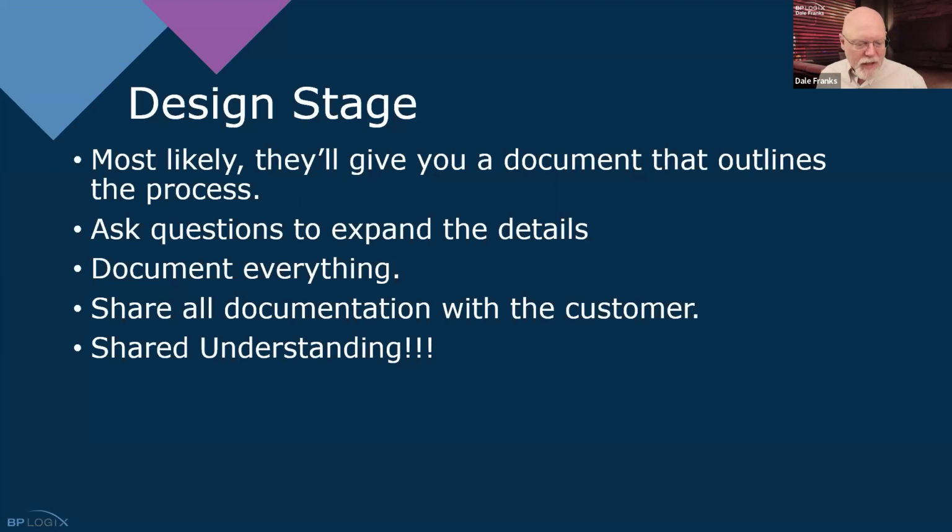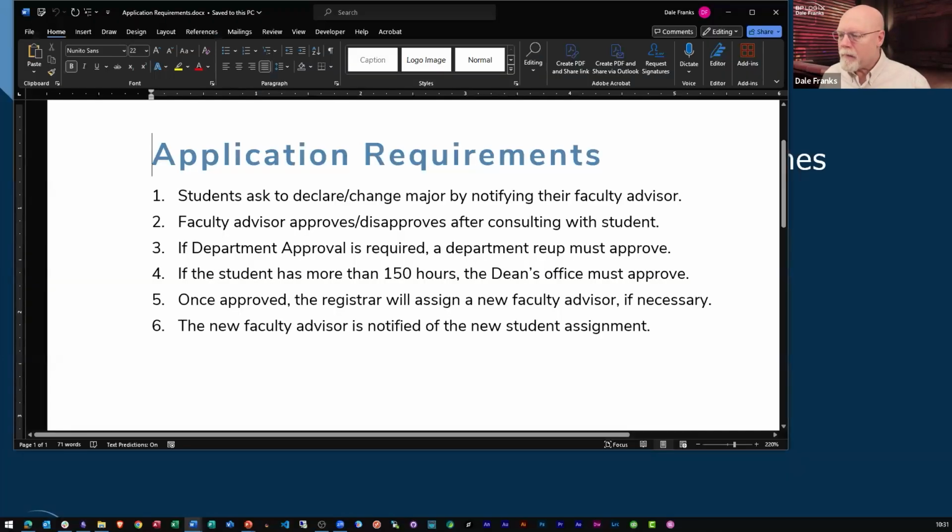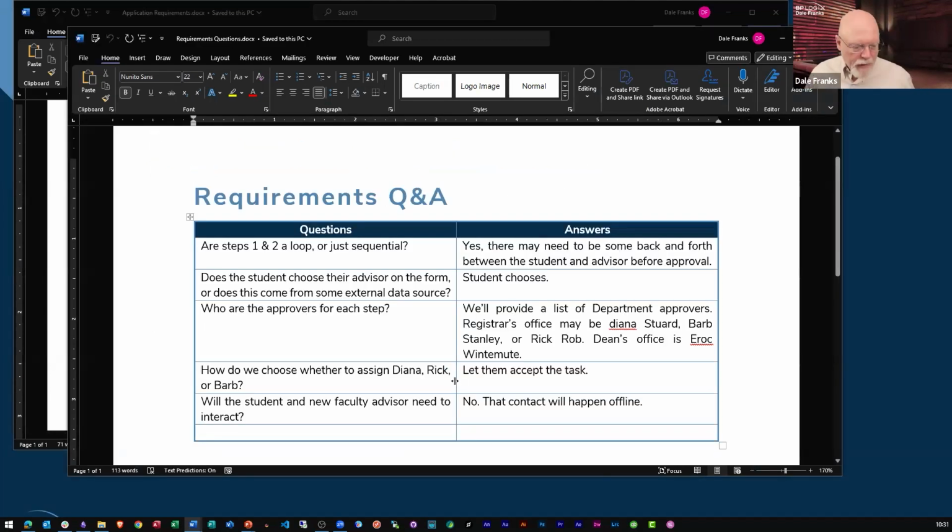So just to give you an example, if we look at the requirements themselves, look at step one. Students asked to declare or change their major by notifying their faculty advisor. Okay, I don't know what that means. And so I got to ask some questions.